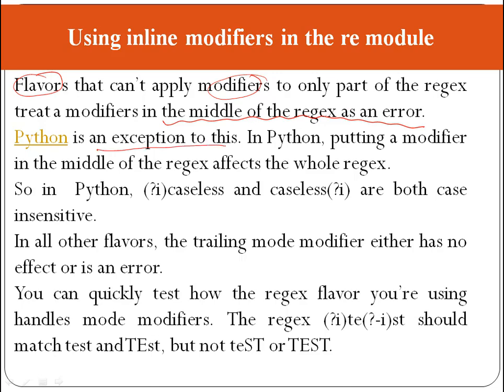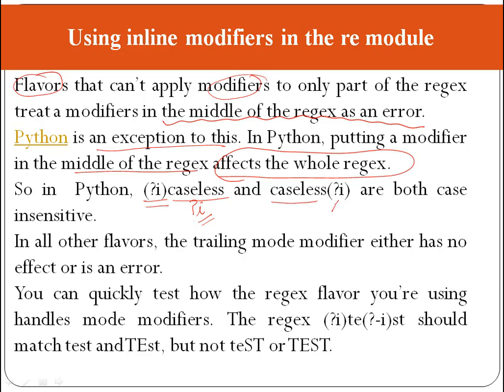In Python, putting a modifier in the middle of the regular expression affects the whole regular expression. It means it is allowing putting it in the middle, and it is affecting the whole regular expression. So in Python, if you are using the modifier like this, question mark i for case insensitivity, and you are continuing with the regular expression, here you are putting it at the end.